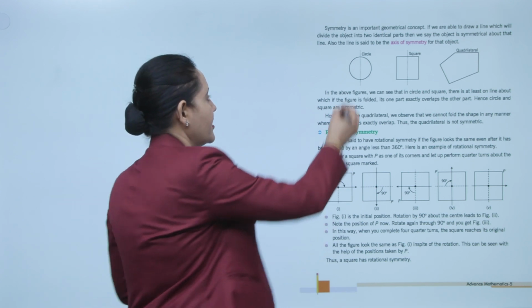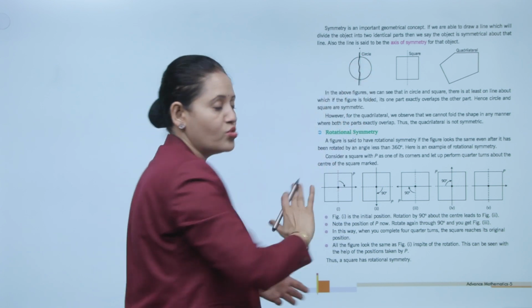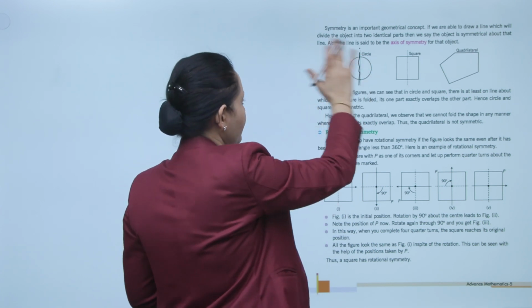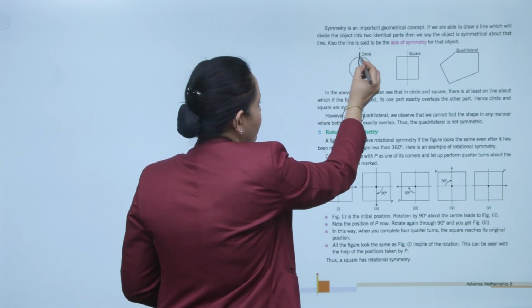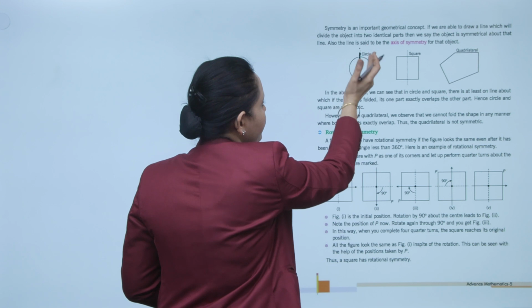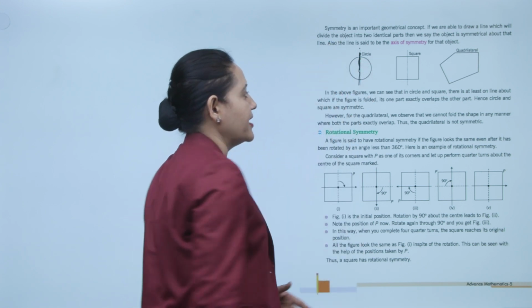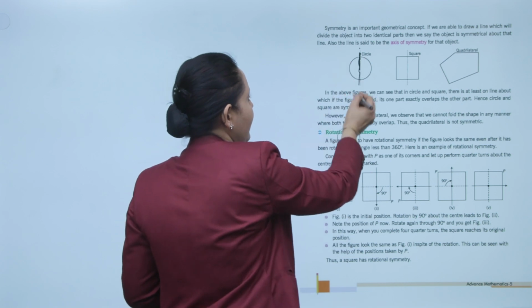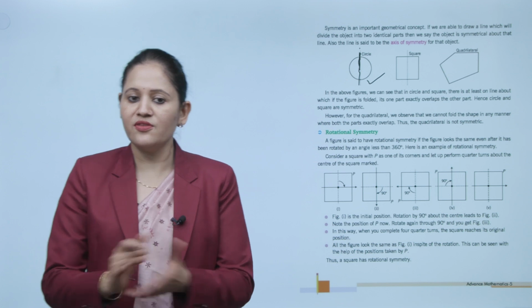Like here, this line will divide the circle into 2 equal halves which are identical to each other. If we fold the circle along this line, the first part will overlap the other part. So this is known as the line of symmetry or axis of symmetry, and this figure is known as a symmetrical figure.